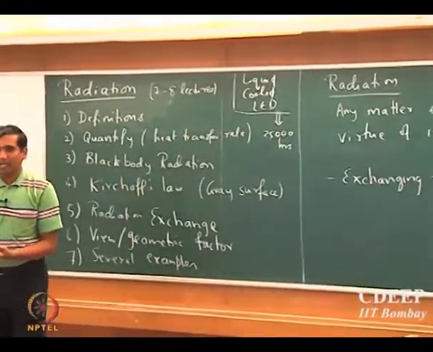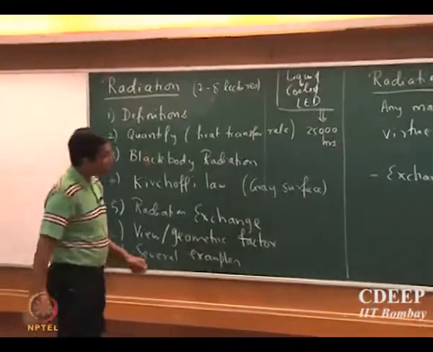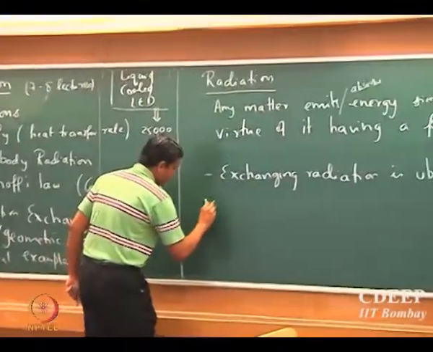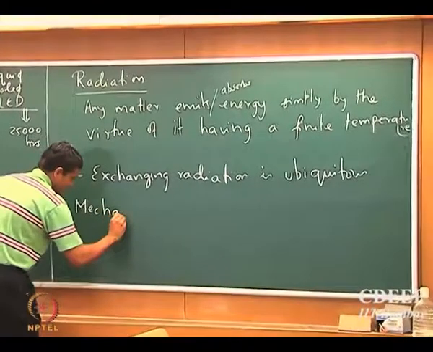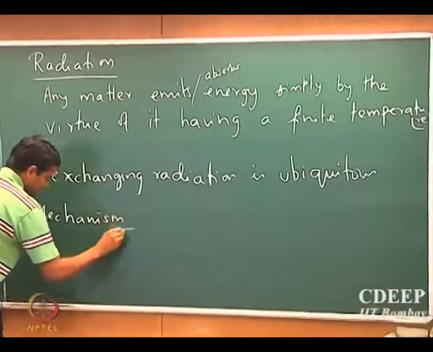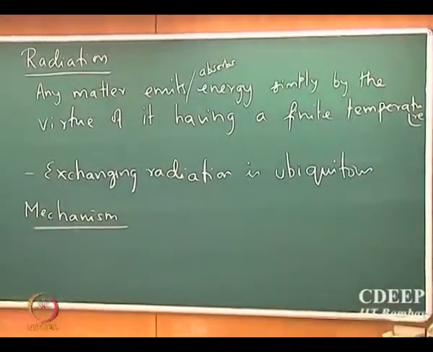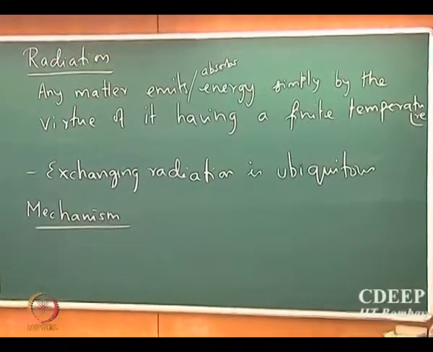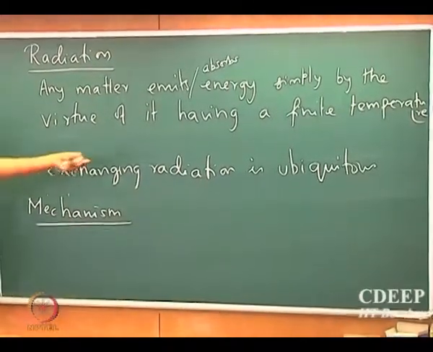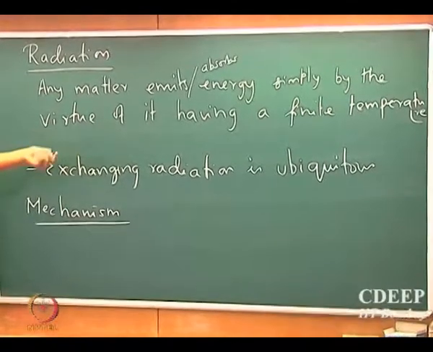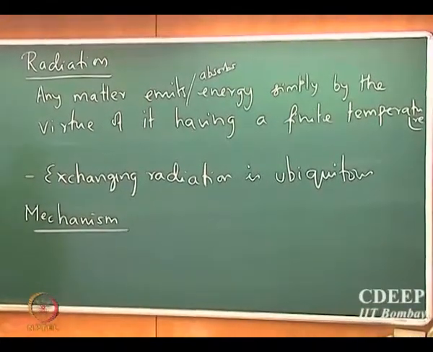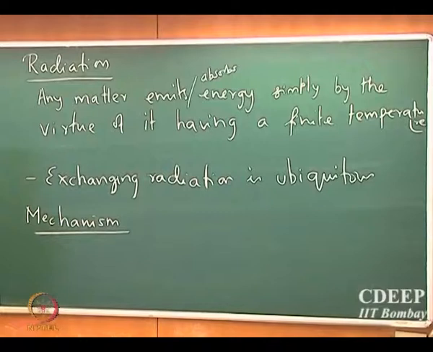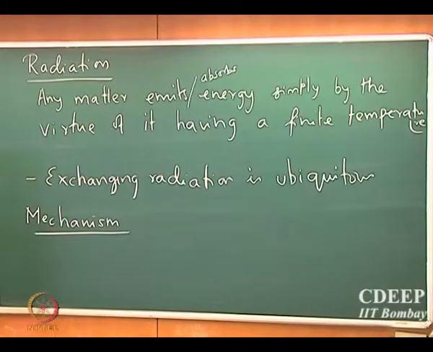The mechanism of radiation. So let us look at what the mechanism of radiation is. As he rightly pointed out, there is a certain object which is at a certain temperature, and electrons are emitted from the surface.